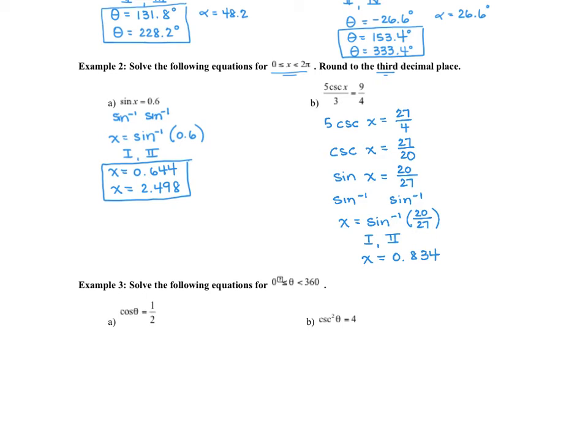And if I subtract that from pi, the other solution I'm looking for is 2.307. And again, because of the restriction on the domain from 0 to 2 pi, those are the only two solutions I'm concerned with.